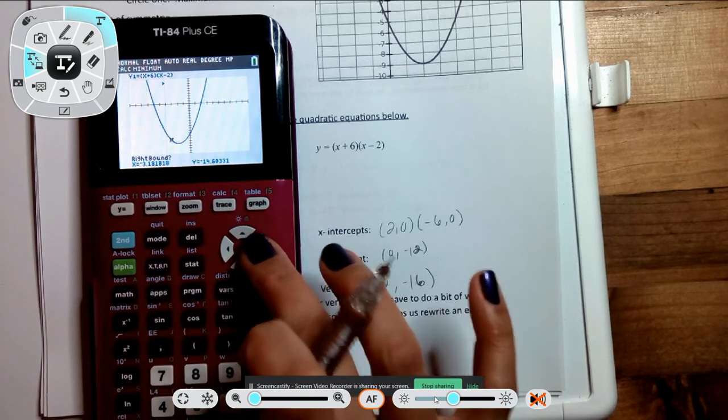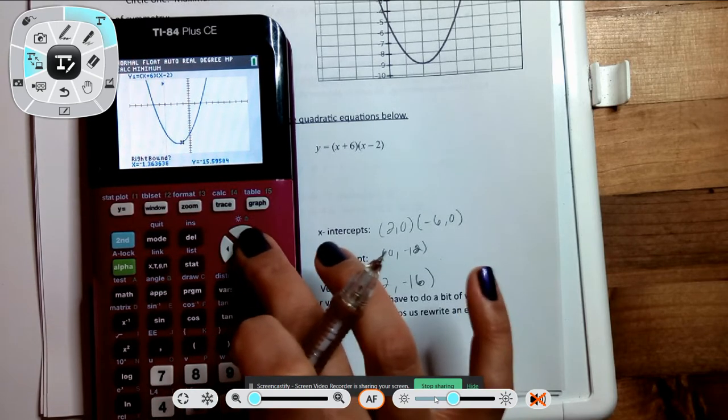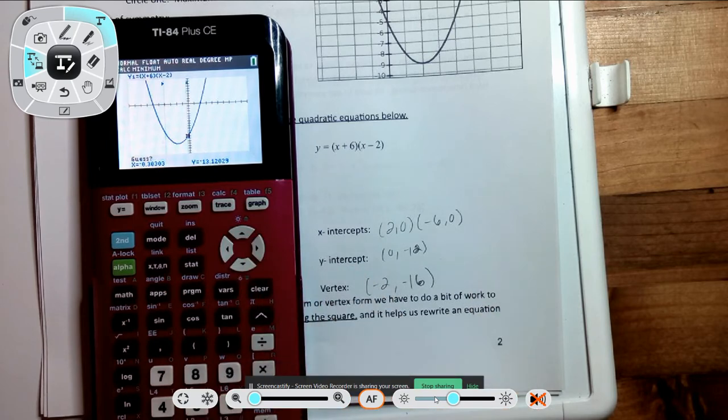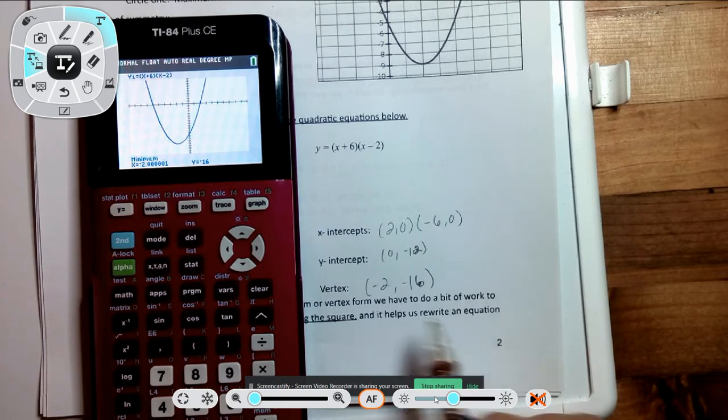And then I'm going to choose any point on the right side of my graph and hit enter. And then I enter again and it gives me 2, -16. Oh, sorry, this should be -2? Yeah, sorry, -2, -16. And you can see that that matches up. So you have a couple different ways of checking these different values.